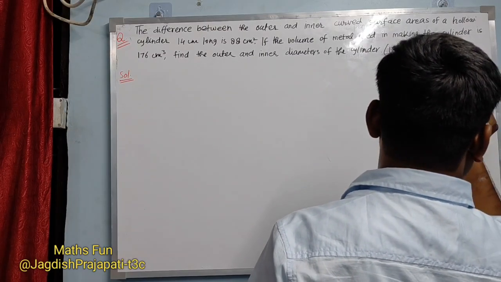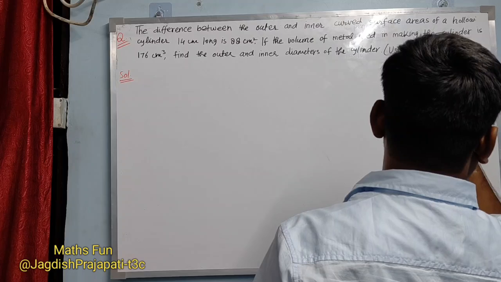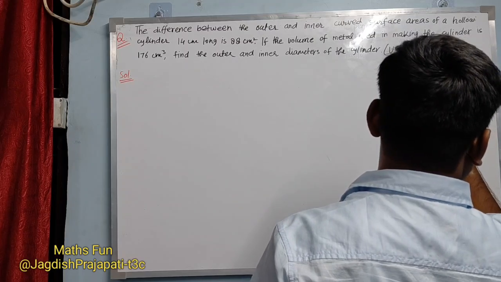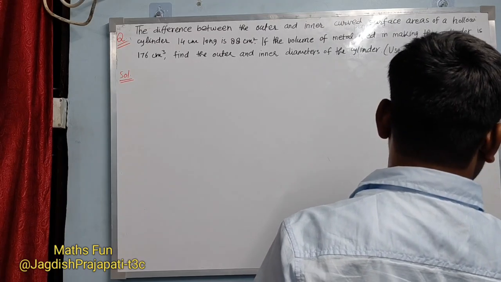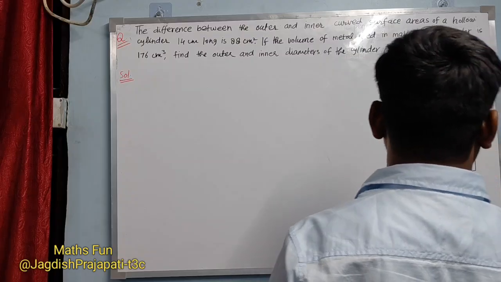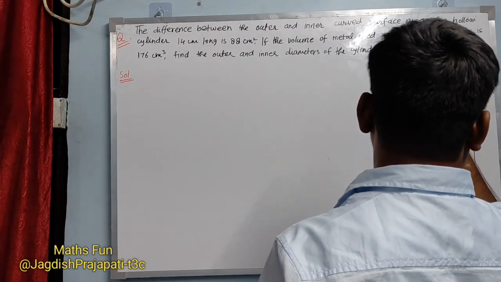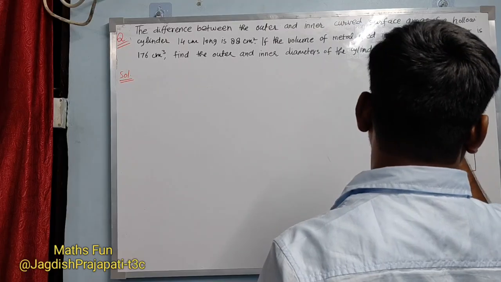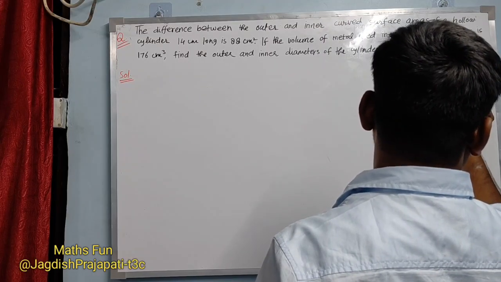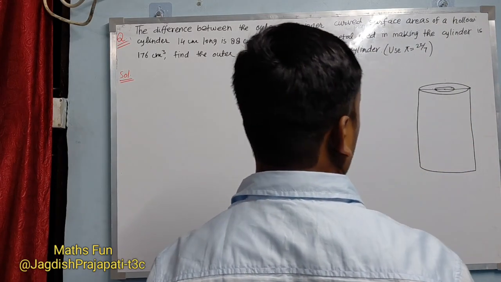So let's say this is a hollow cylinder. This is the inner diameter, and this will be the outer diameter.